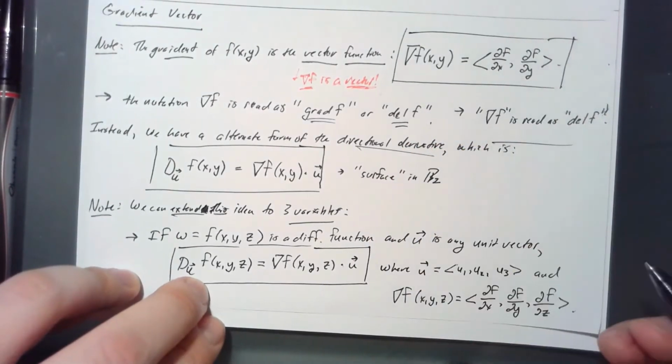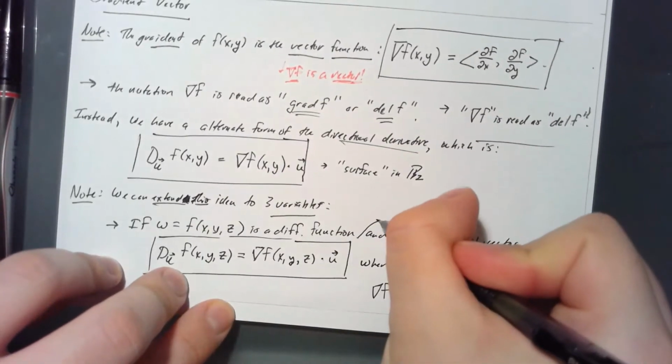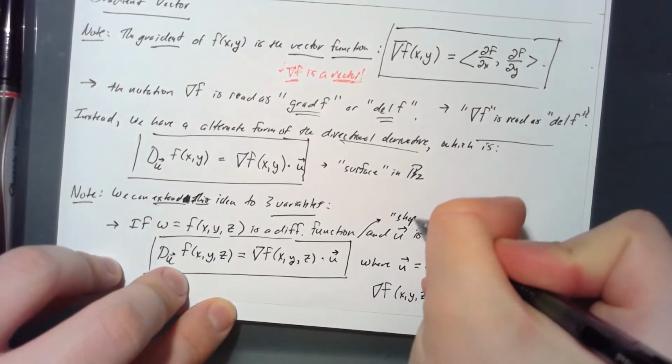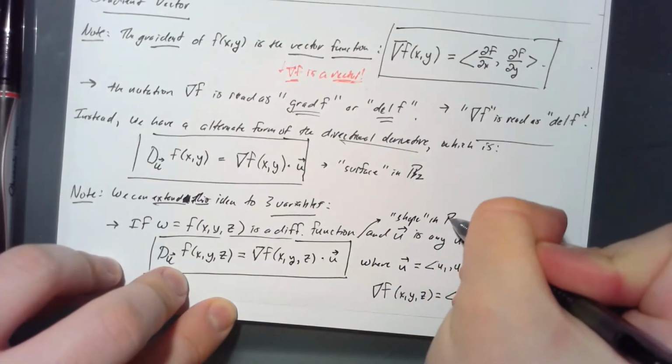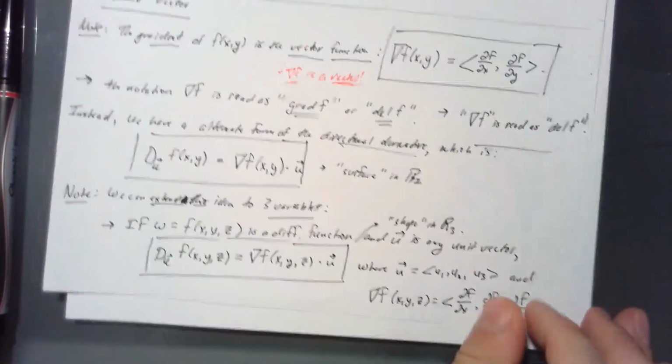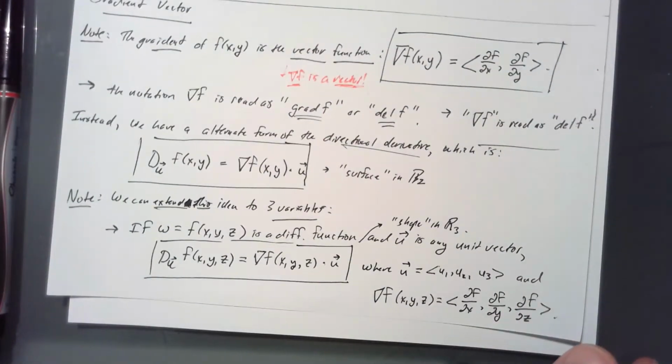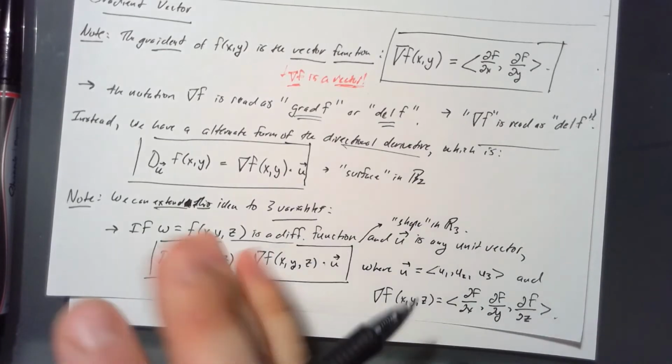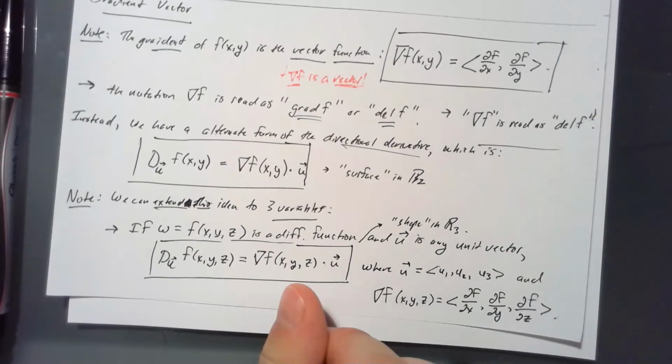A surface in R2 or a shape in R3. So this is like a plane. This is like an ellipsoid or a sphere or whatever kind of shape.